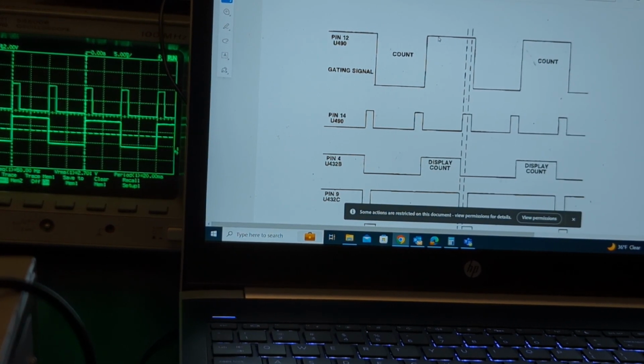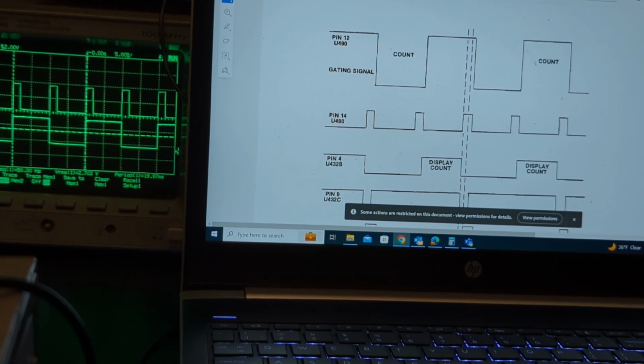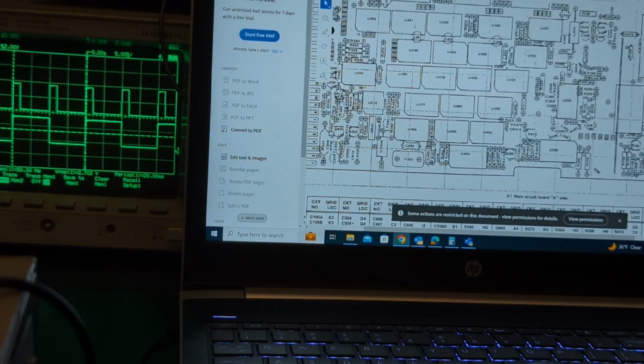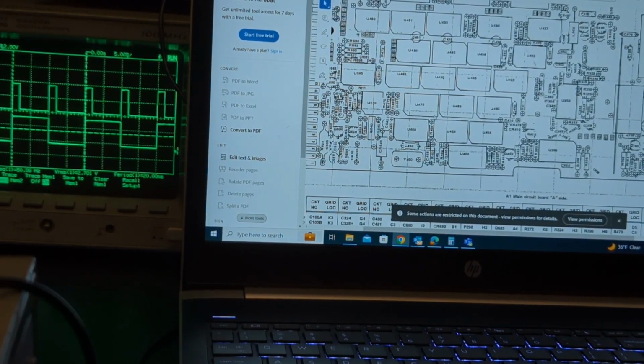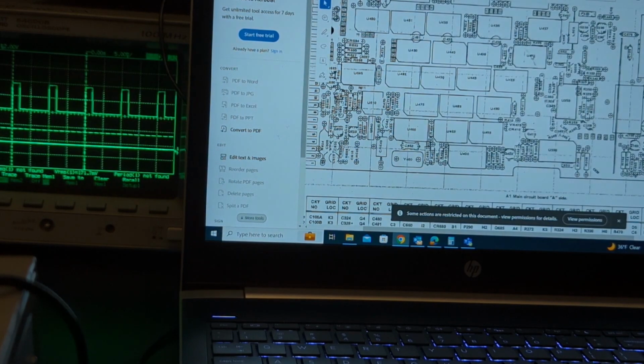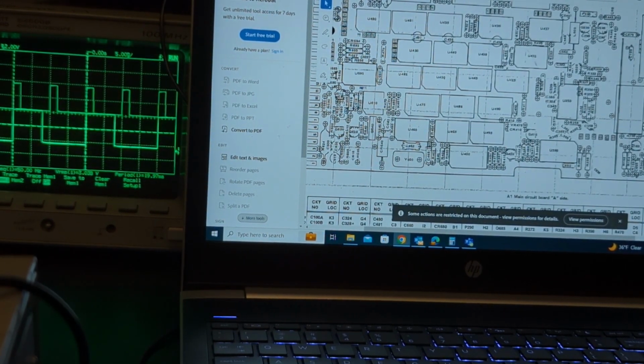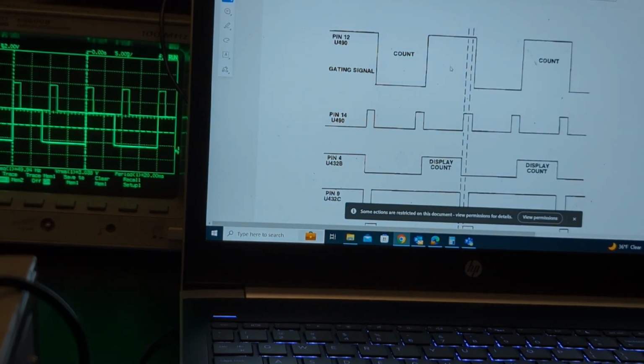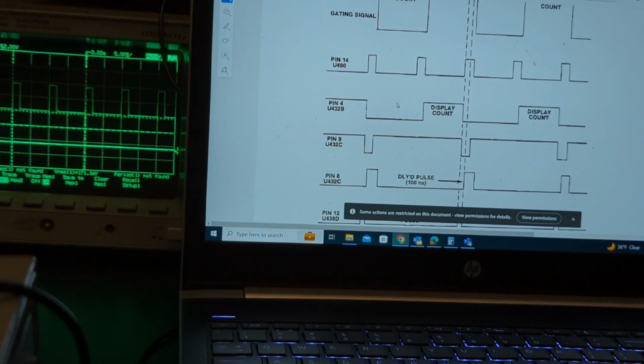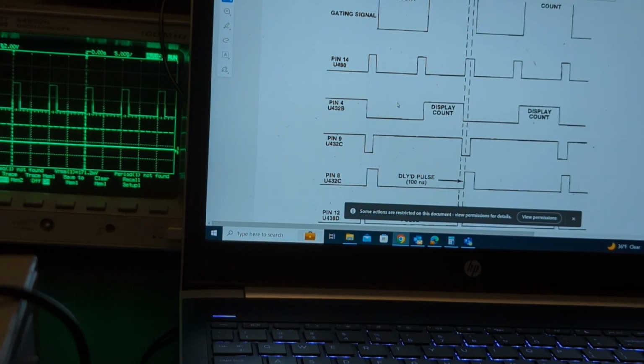Alright, and then it's pin 4 of U432. Now I forget which one that is, so I've got to switch here. Alright, so that's pin 4 of U432. And yep, that looks about right. And then pin 9 of U432.